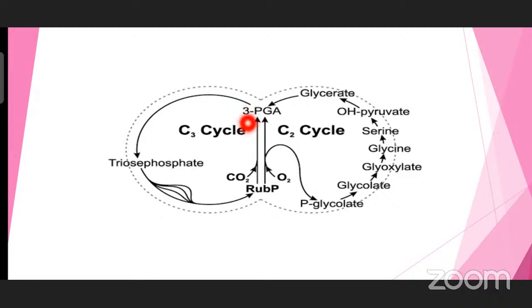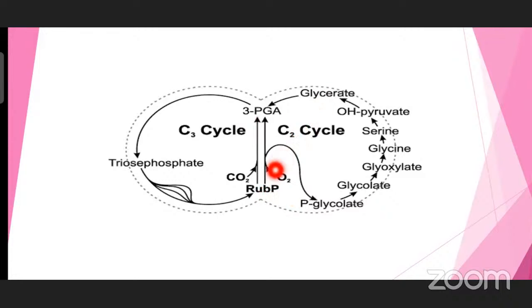It is only 3 carbon, indicating phosphoglyceric acid. It is going to undergo reduction. When it is reduced, it will become triose phosphate. Phosphoglyceraldehyde is nothing but the triose phosphate. From this triose phosphate, 2 molecules will be utilized for sugar formation. The remaining 10 will be utilized for the regeneration of RUBP.